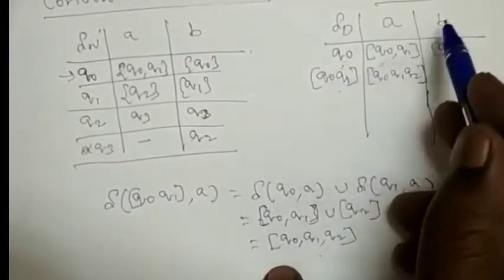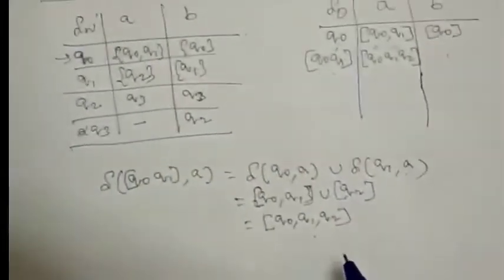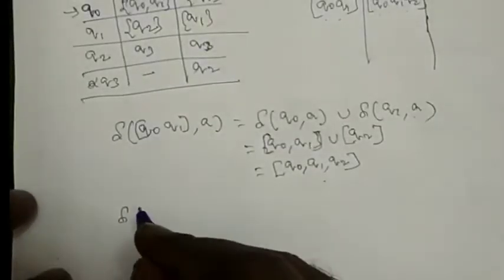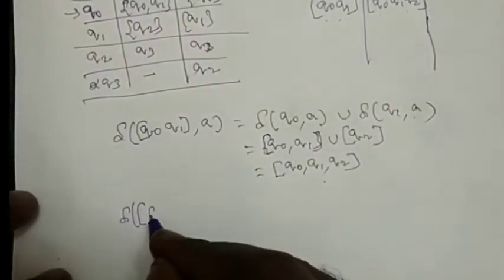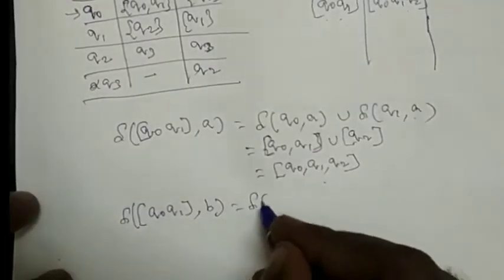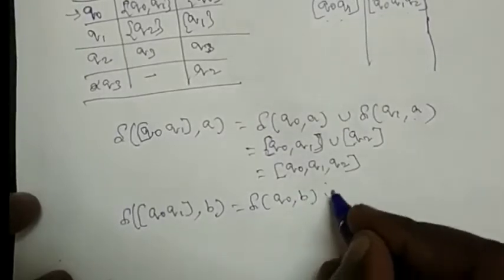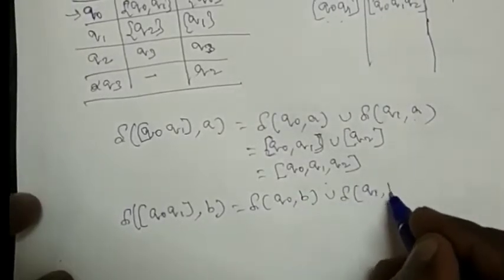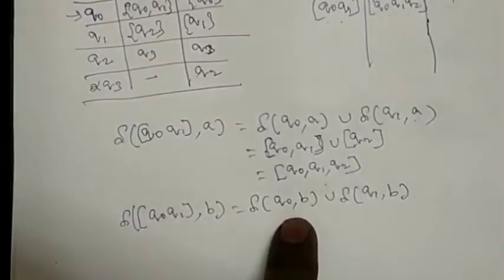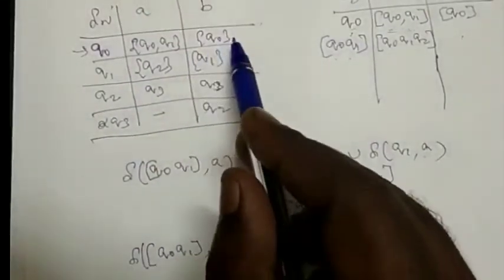If in Q0, Q1 I apply B, you have to identify what the state is. Now I go to the next transition here. Delta of Q0, Q1 with B can be abbreviated as delta of Q0 comma B union delta of Q1 comma B. In Q0, if B is applied, as per the diagram it goes to Q0 itself.